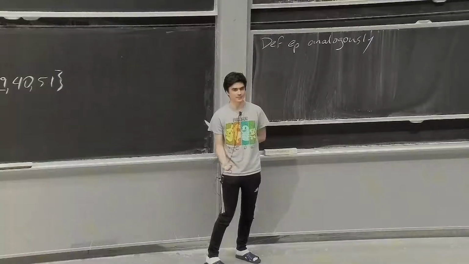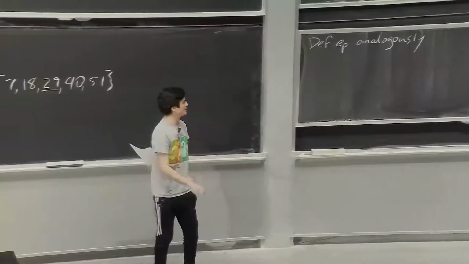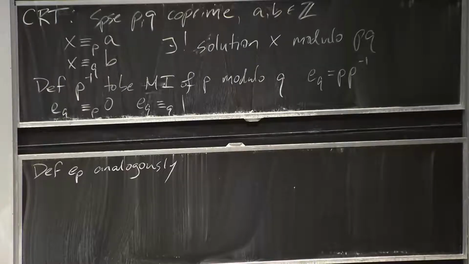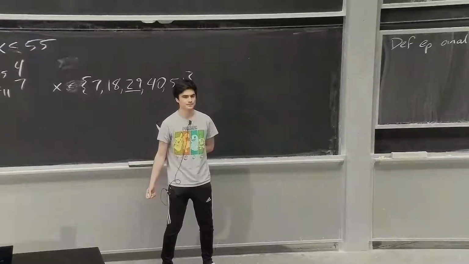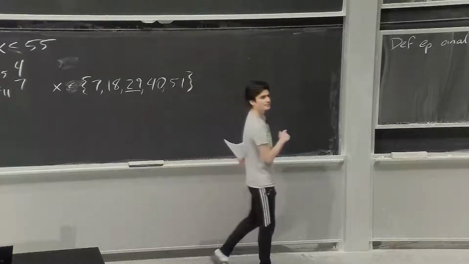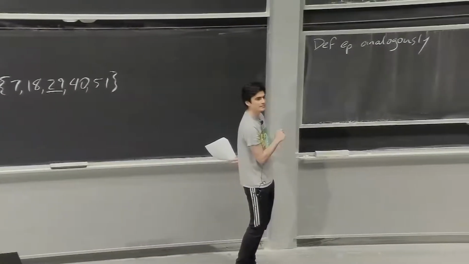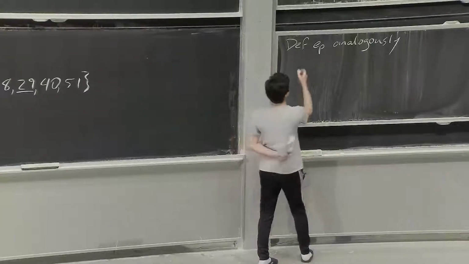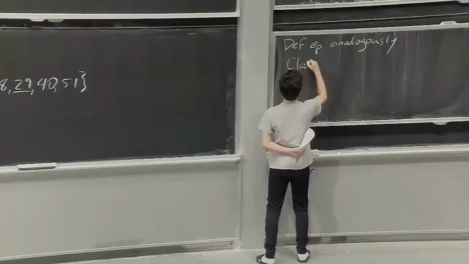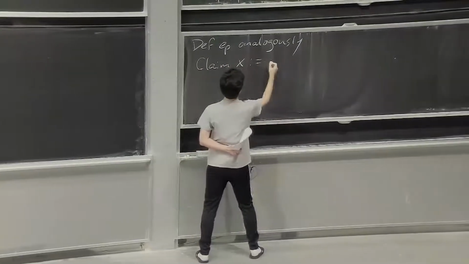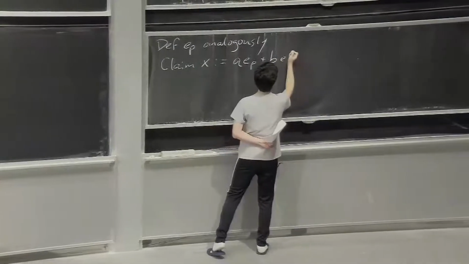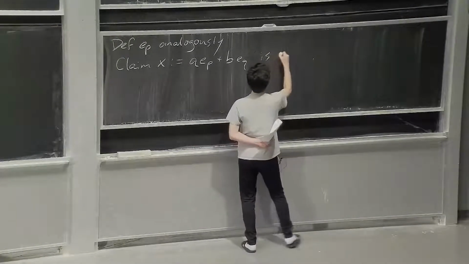Instead of just B times EQ, how do we fold EP into it? You could do the same thing as before, leave the EQ, but then add A EP. So claim: x equals A EP plus B EQ is a solution.